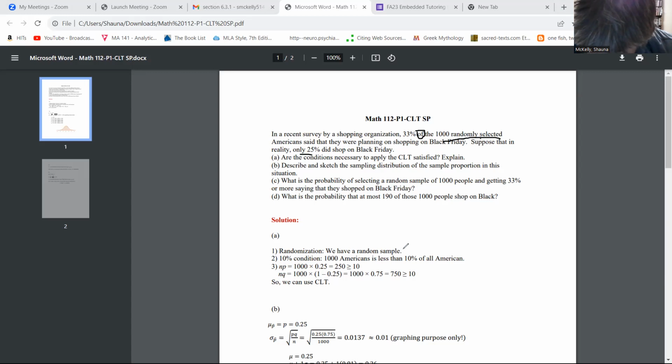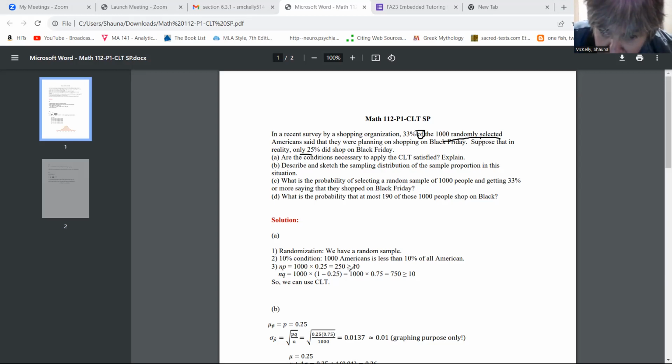Randomization, we got a yes, it's random. 10% size condition, we got 10% of that. And NP and NQ are both greater than or equal to 10. So we can use the central limit theorem. We've satisfied our assumptions. We can use the central limit theorem.